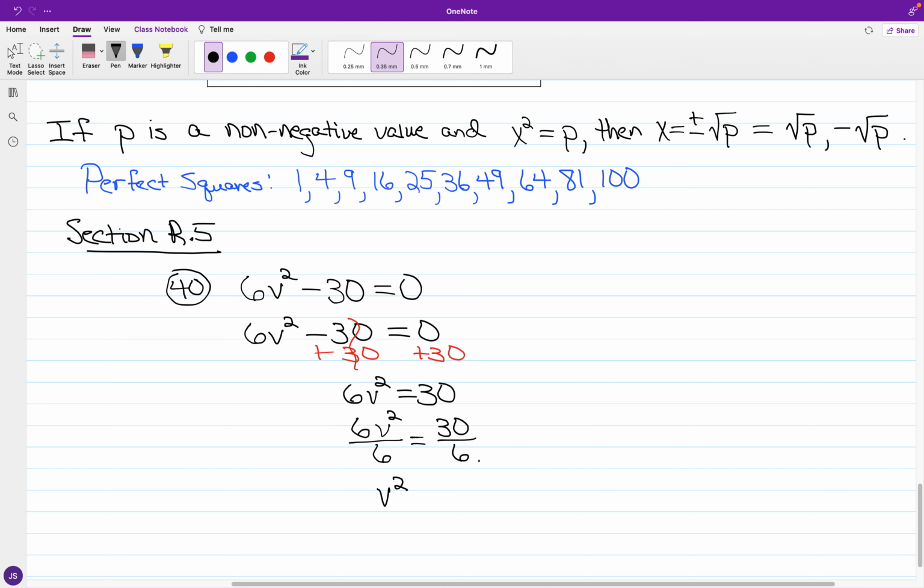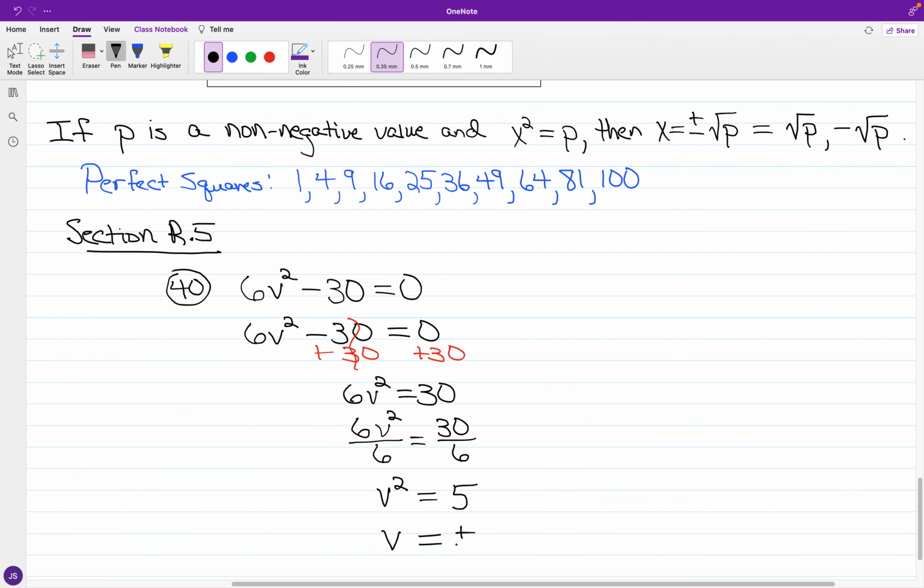So now 6v squared over 6 becomes v squared, and v squared is equal to 30 over 6, which is 5. And 5 is a prime number. Think of x squared as represented by v squared, p is represented by 5, and going from v squared to v is just like x squared to x.